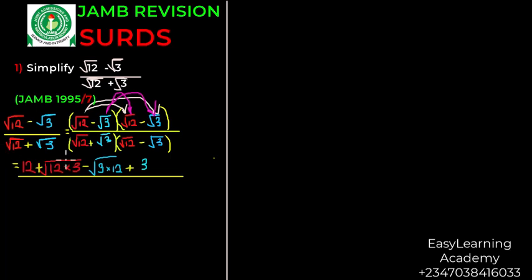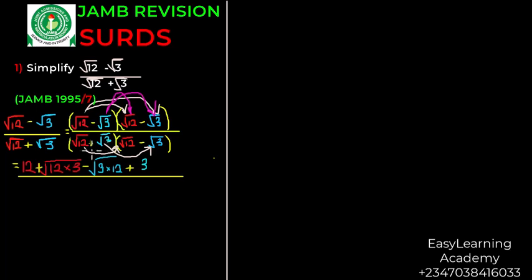What you simply need to do is this: the 12 takes care of the 12, and the 3 takes care of the 3. Just that, and you have your answer. You only do that because it is a conjugate.